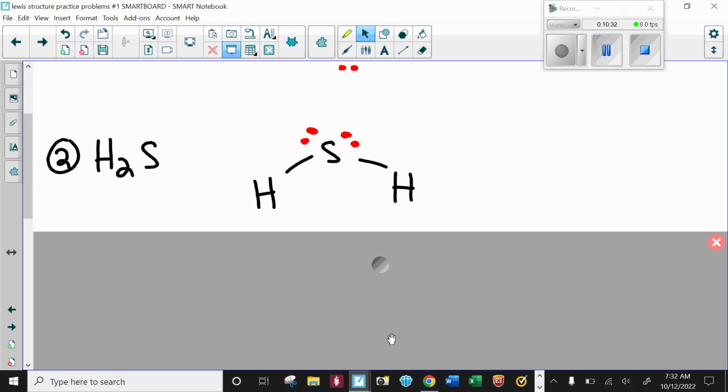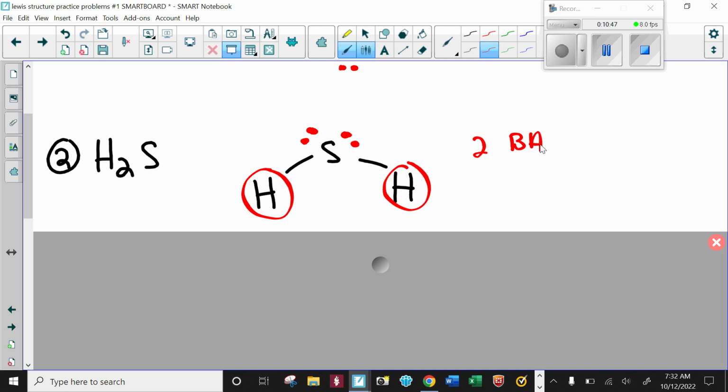So if we come down here and we look at number 2, that was our structure that we had drawn for homework and in class. And we see that we have 2 bonding atoms, the 2 H's here. So 2 bonding atoms. We're filling in our chart on our homework. Now we look for the lone pairs, but remember the lone pairs have to be on the central atom.